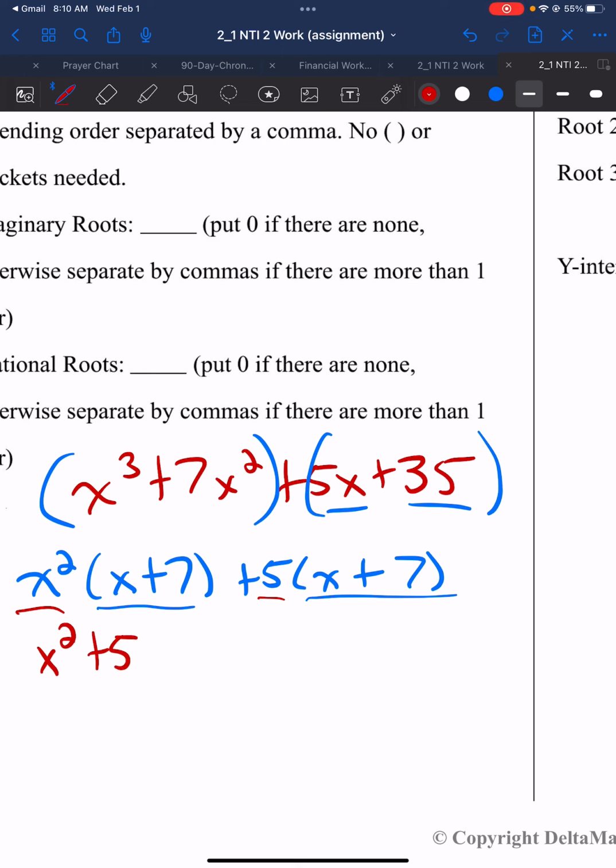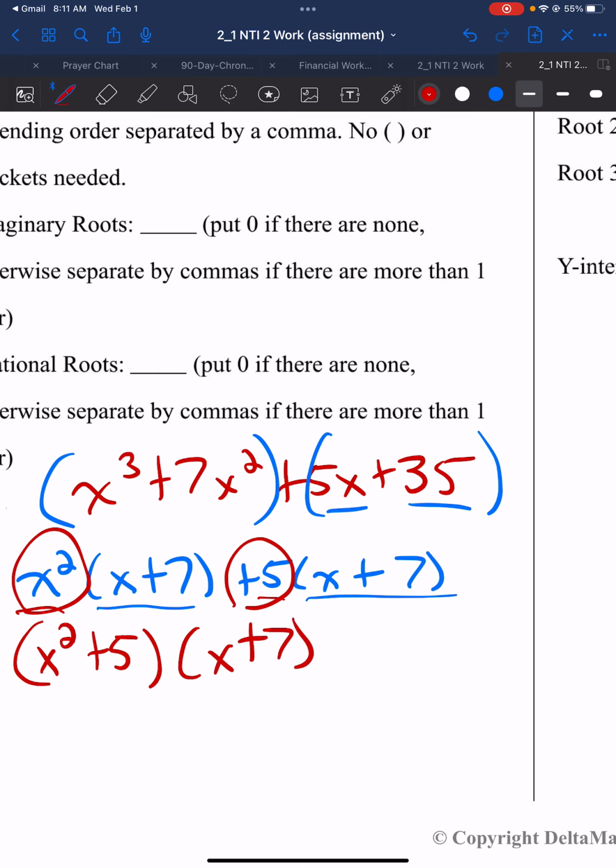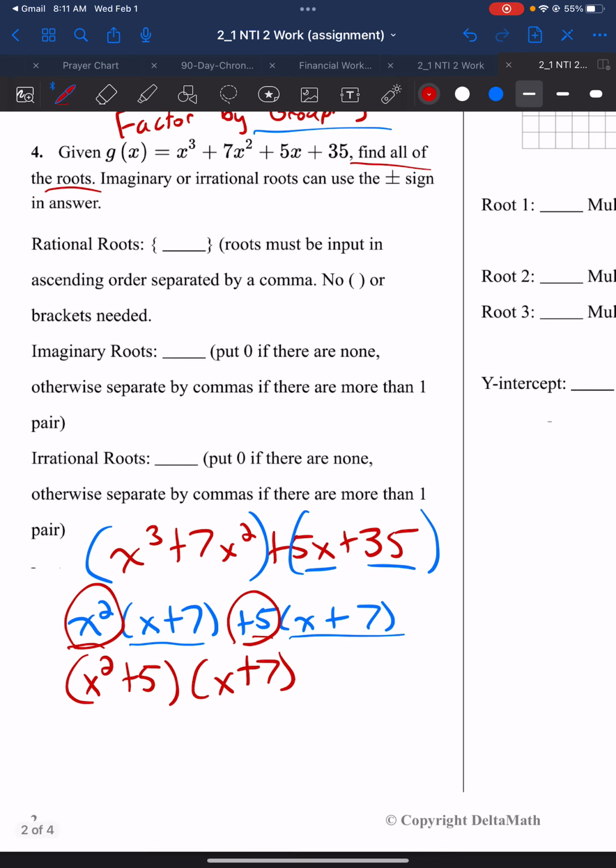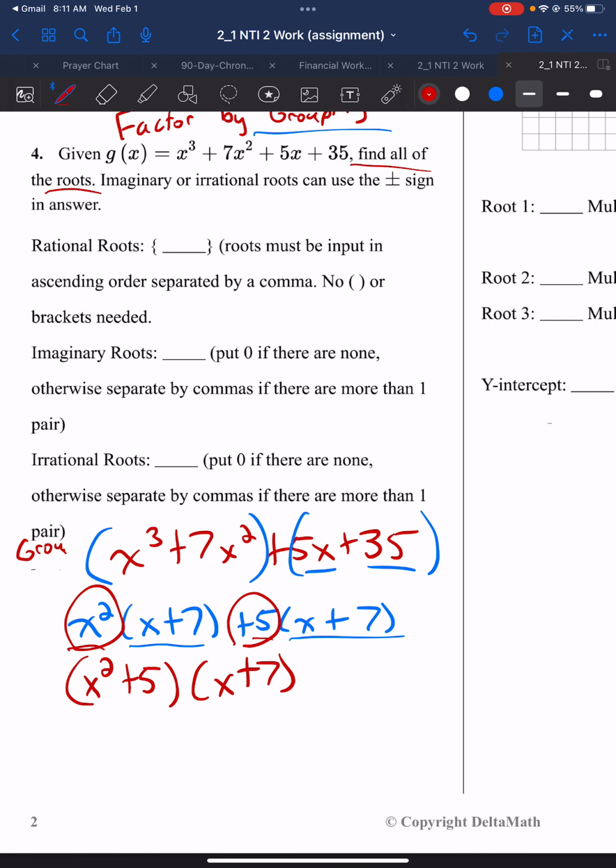X squared plus 5, like this guy right here and this guy right here are going to make my first group. So this is where the factoring part comes in. And so x squared plus 5, and then I've got x plus 7. Okay, so I grouped, and then I factored, and I'm left with this.